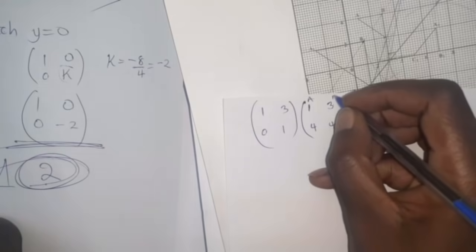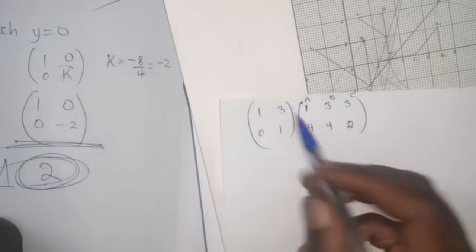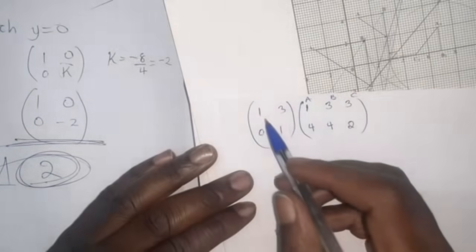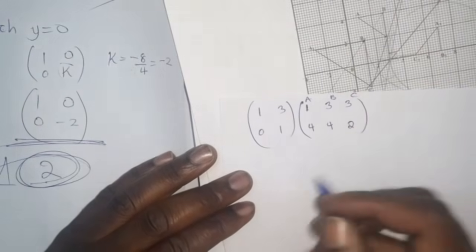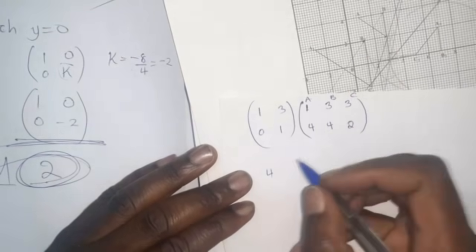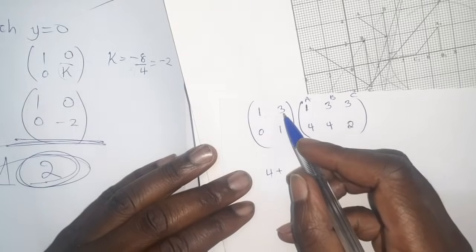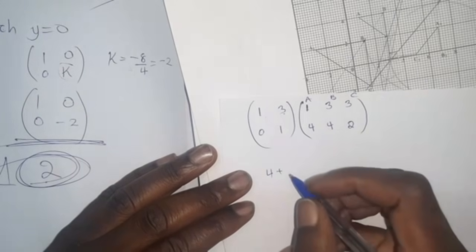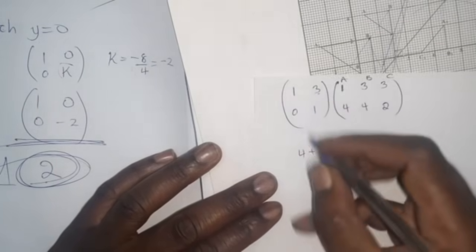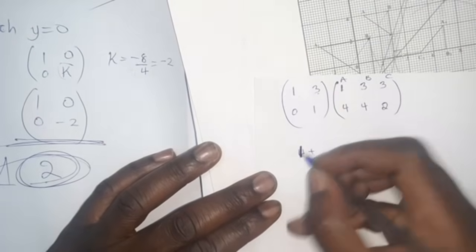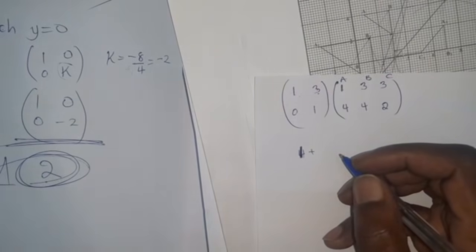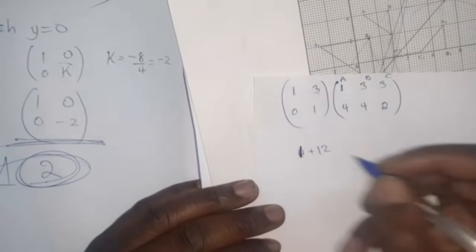This is A, this is B, and this is C. So we can start here. This is 1 multiplied by 1, what do we get? 1, plus 3 multiplied by 4, we are getting 12.